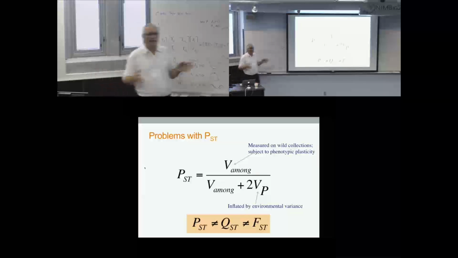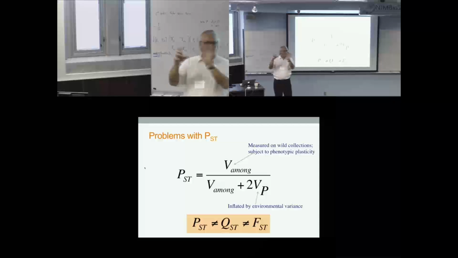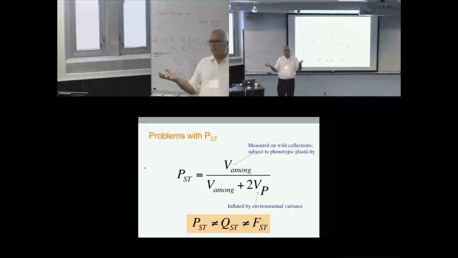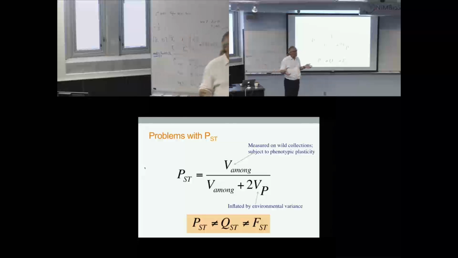Now, I think a lot of people look at QST and they say, oh, here's this arbitrary number. It looks like a kind of weird definition. Why can't we use just whatever measure we want? Why would we have to stick to that specific definition? Why don't we just do something that talks about how different populations are from each other?